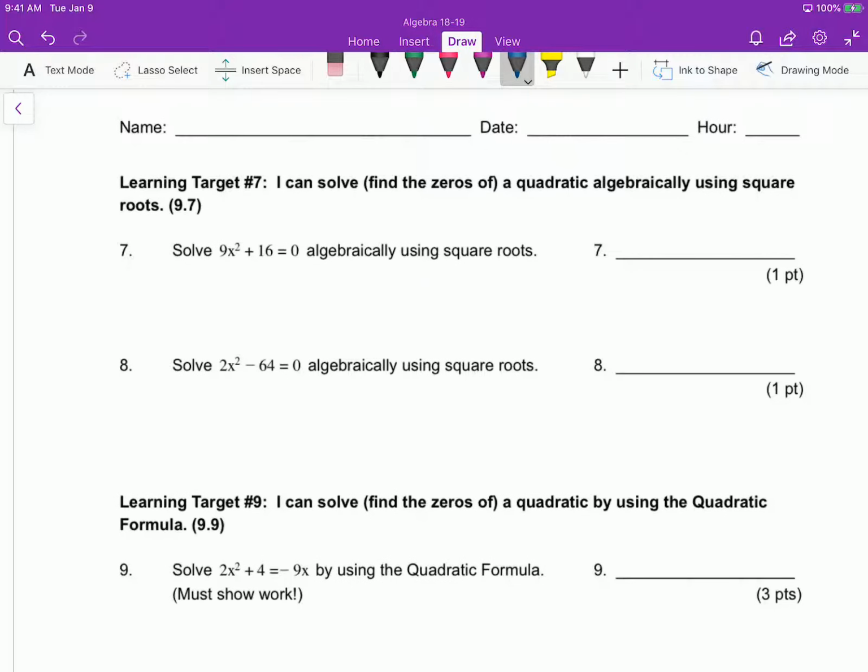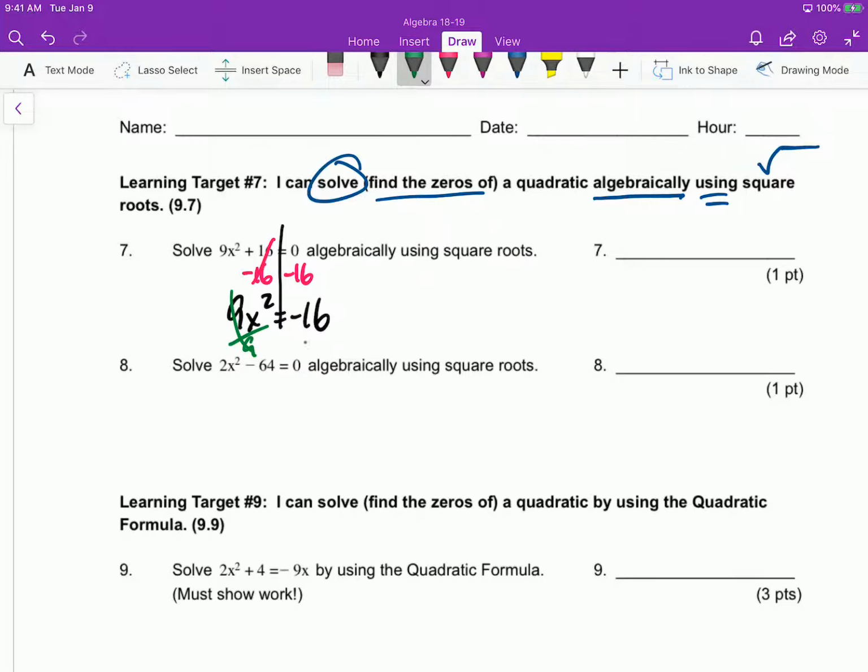All right. Key words here for these, it says find the zeros, solve again, but algebraically using square roots. Basically what they're saying is, can you get x by itself and also use square roots to solve? So I'm going to subtract 16 from both sides. Trying to get x by itself here, I get 9x squared equals negative 16. I'm going to divide by 9.